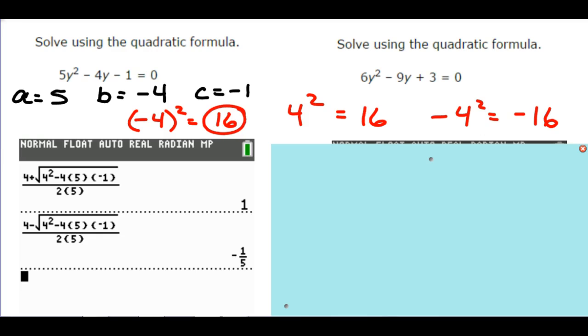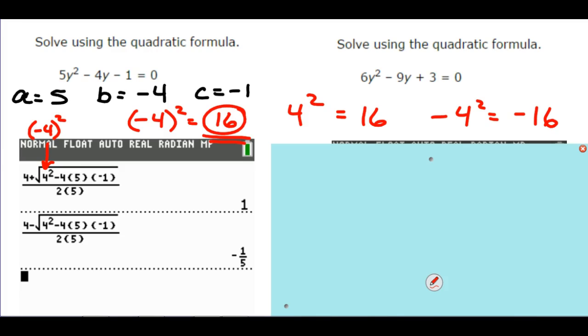Okay, so here, while we were paused, we talked about why -4. If I were to put -4 squared here, it's going to have to be -4 in parentheses squared, because the formula says take B and square it.